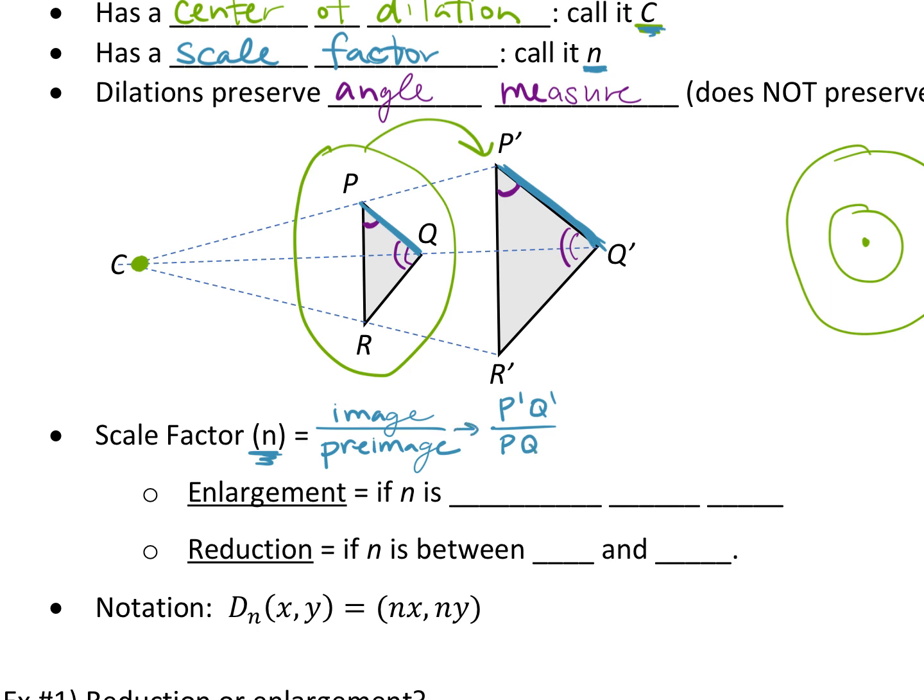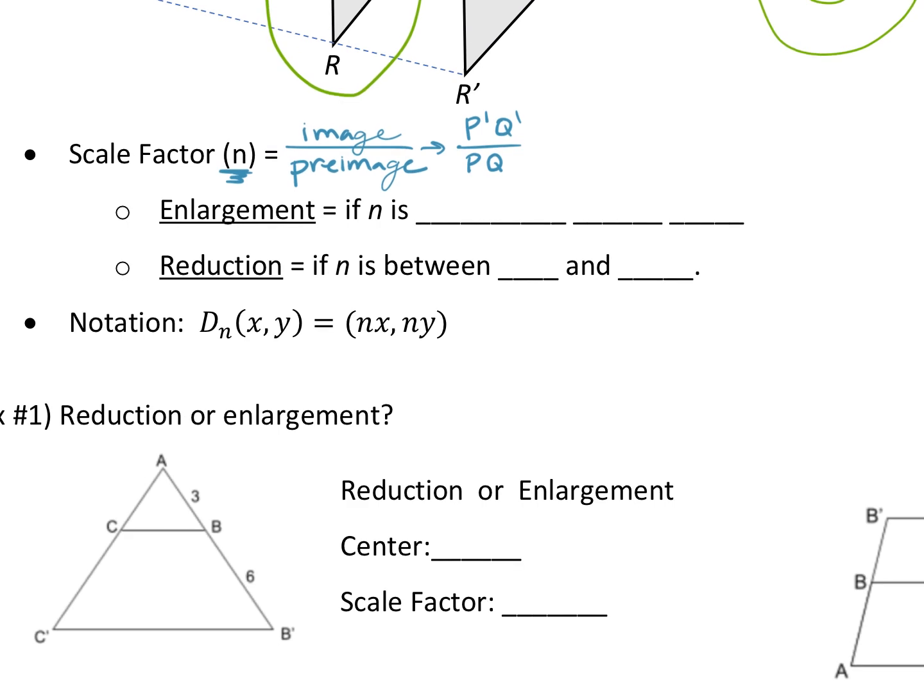So it's the image, the new one, over the first one, which is really backwards, right? Because we think to go in the order it came in. Here you go in opposite order: the new one divided by the old one, okay? And all this will make a lot more sense once we get to what we're doing. I just want to get you the terminology.